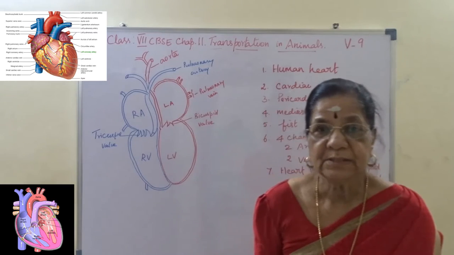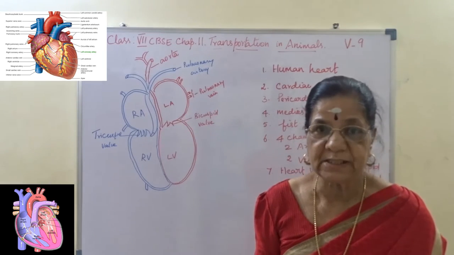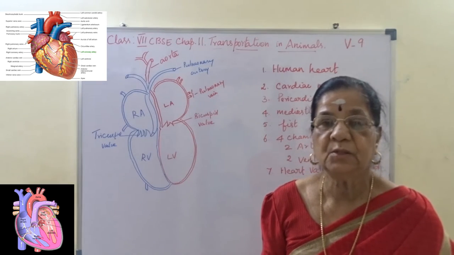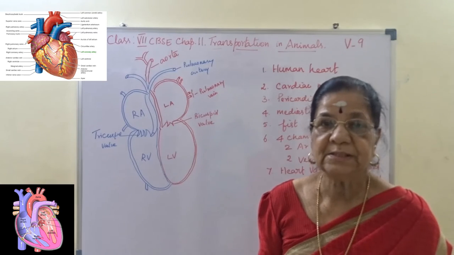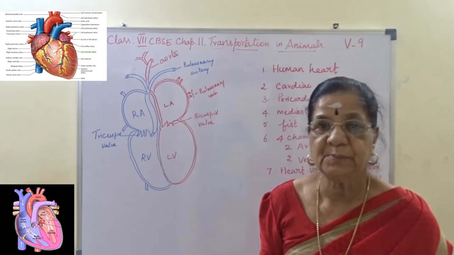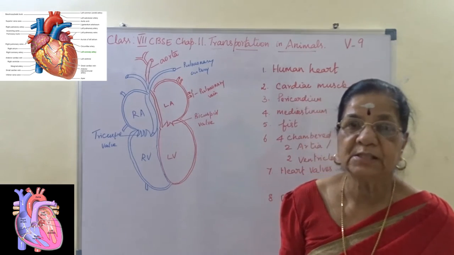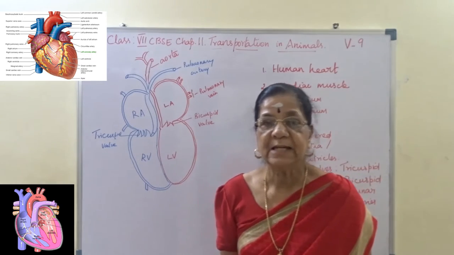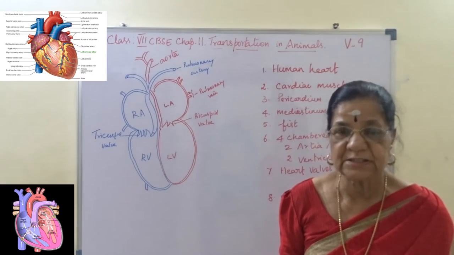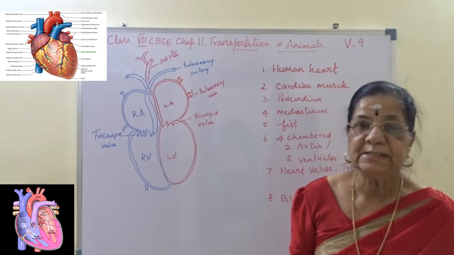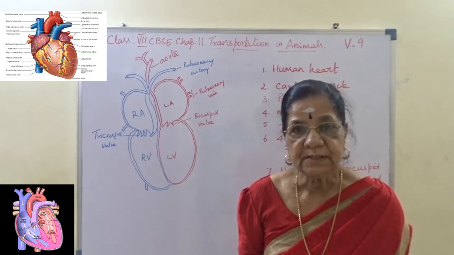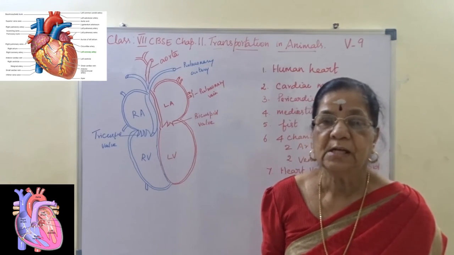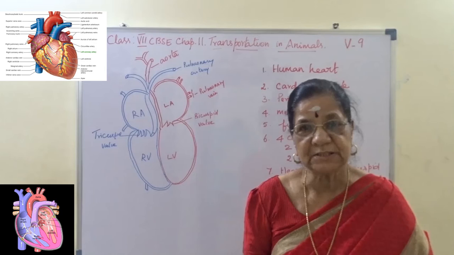As we say, muscles are of three types: skeletal muscle, or voluntary muscle, involuntary muscle, and the third one is cardiac muscle. Now this cardiac muscle has a special feature of initiating the heartbeat, the rhythmic activity of the heartbeat, lub dub.